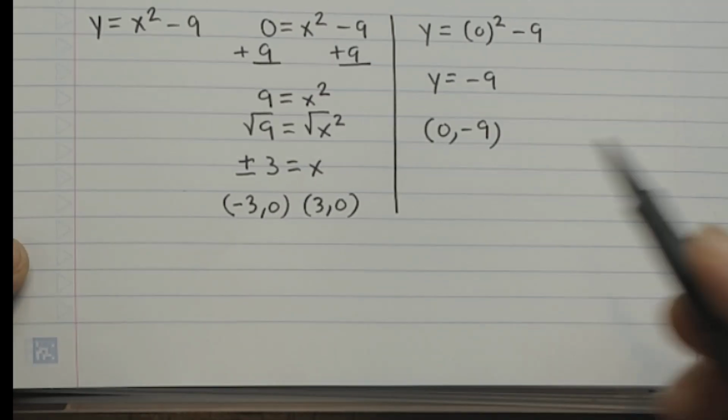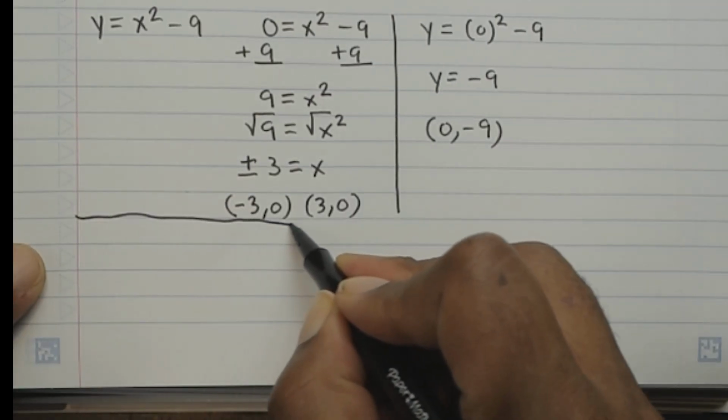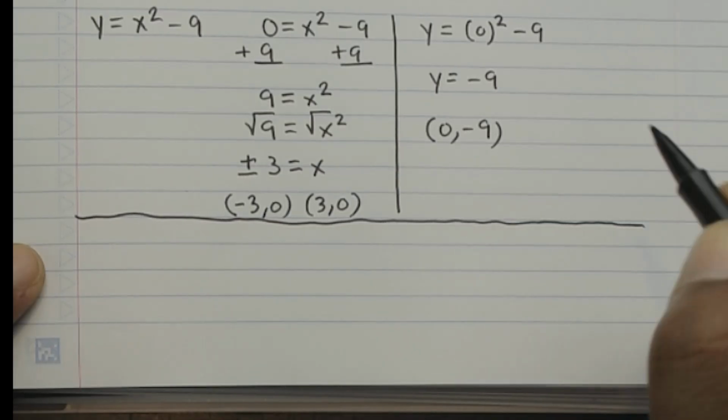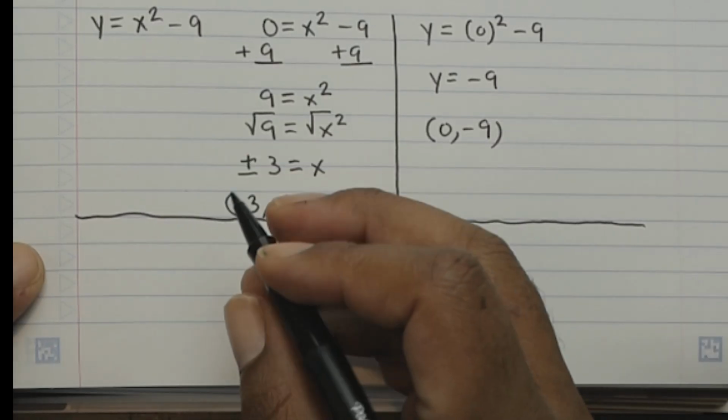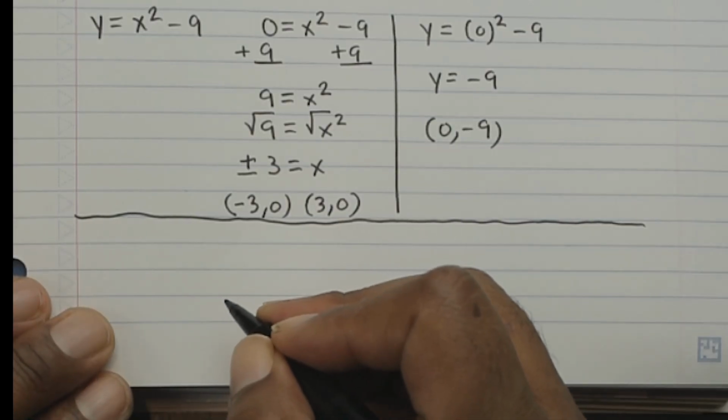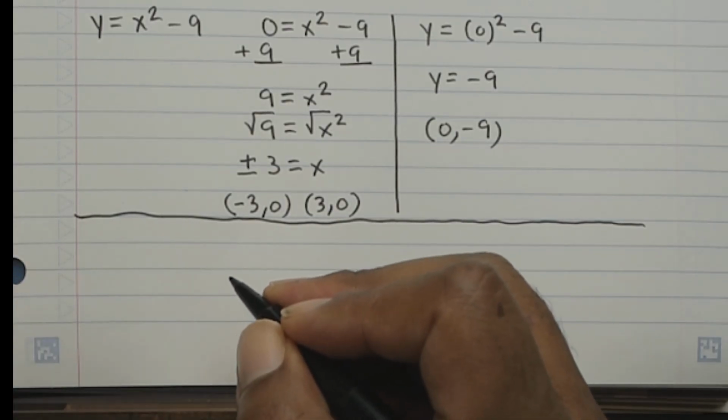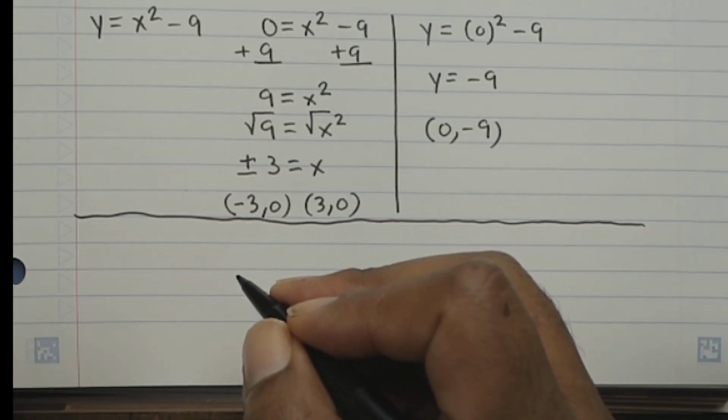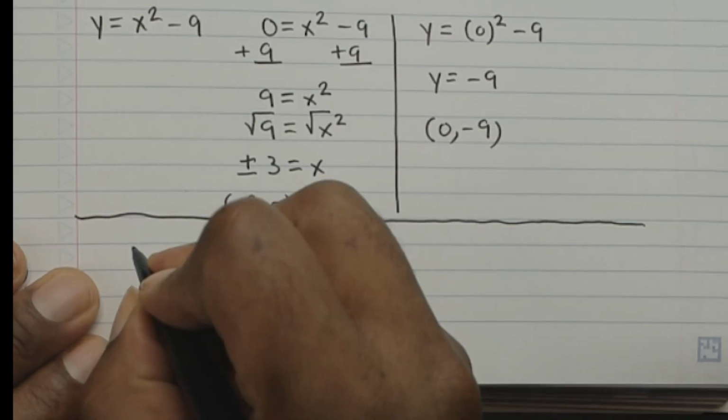Okay, so we're still looking at the same problem, and we want to test this for symmetry. If we're testing for the y-axis of symmetry, remember we replace x with negative x.